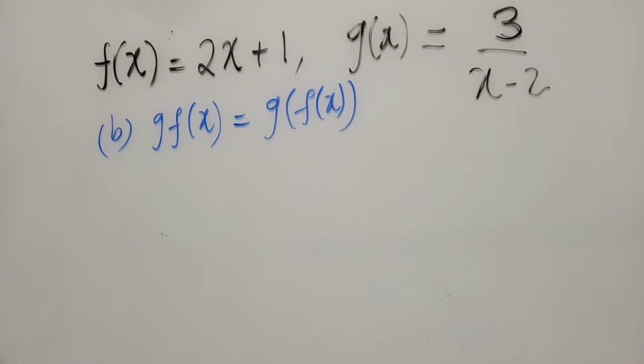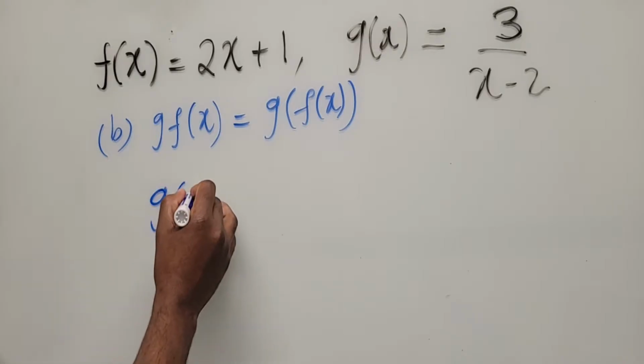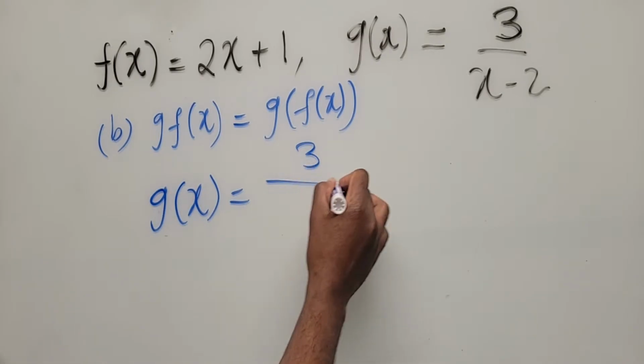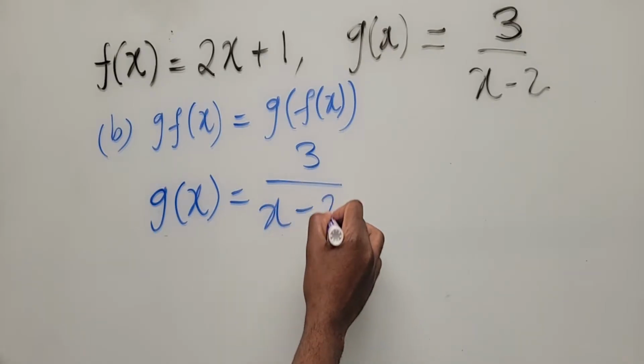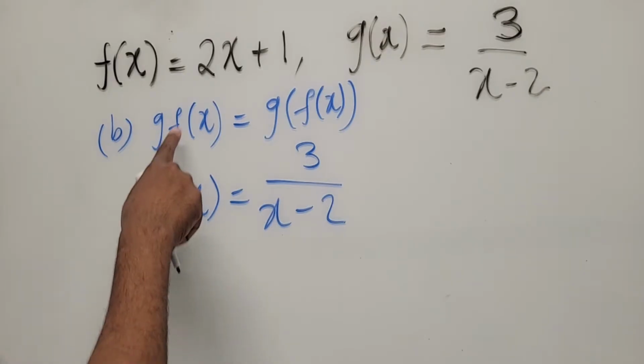Is that clear? All right, so if that is clear, let us go ahead and do that. So remember, our g, I'll just write it here. Our g is given by 3 over x minus 2. So we said where there is x in g, we put the whole function f of x.